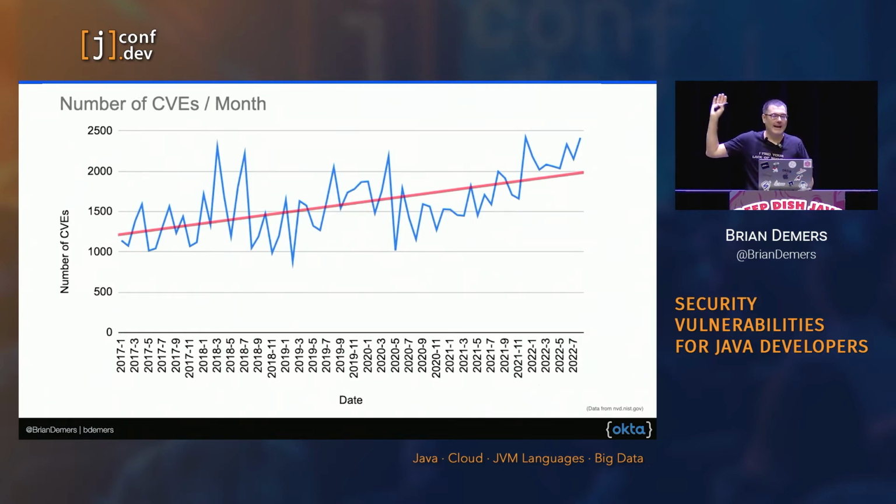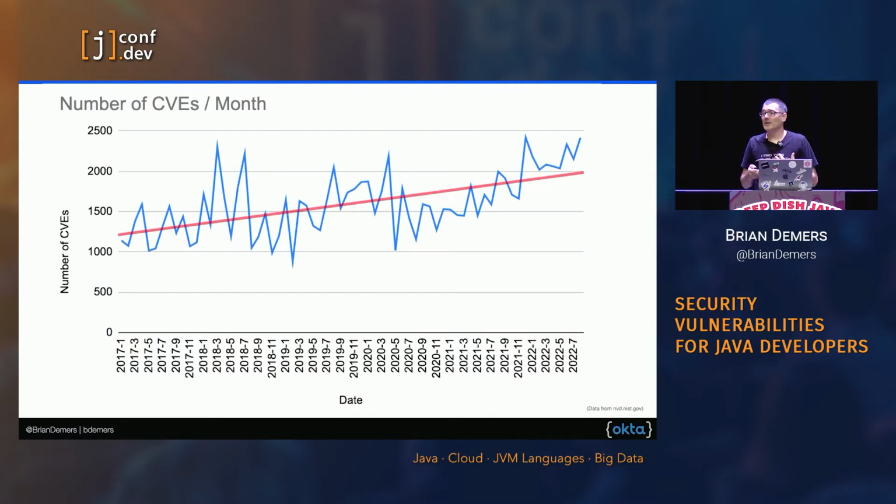So this data averages out to 1,600 vulnerabilities per month. That's more than 50 a day. So just let that sink in, okay? The red line is obviously going up to the right. Just this year alone, we're averaging 70 per day. So that means these things are pretty common. We're going to see them over and over again.